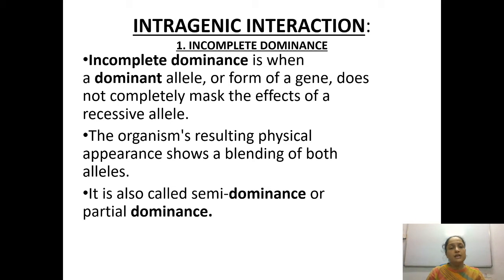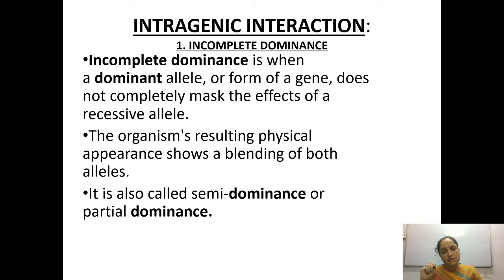So in the list of the intragenic interactions, the first one in the picture is incomplete dominance. Incomplete dominance is when a dominant allele or form of a gene does not completely mask the effect of the recessive allele. So here we have taken two alleles, one is dominant, another is recessive. But the problem over here is that the dominant allele is not going to dominate the recessive allele completely.